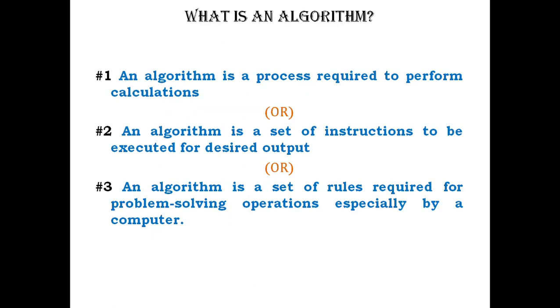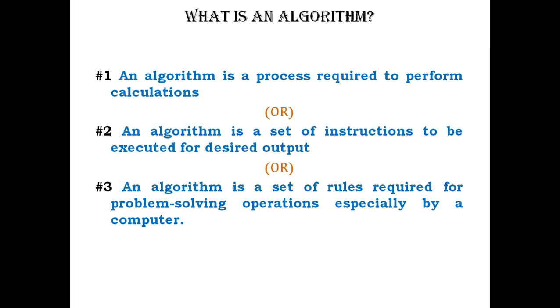The next topic is, what is an algorithm? Here, three kinds of definitions for an algorithm are presented, but all serve similar purposes. That means an algorithm is a process required to perform calculations. That's one dimension of the algorithm definition.